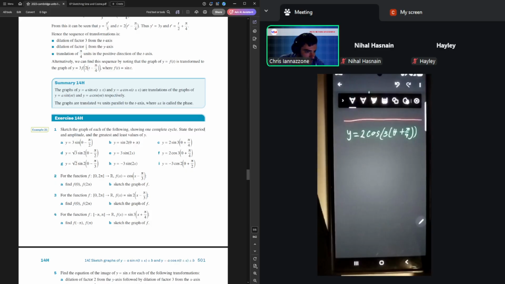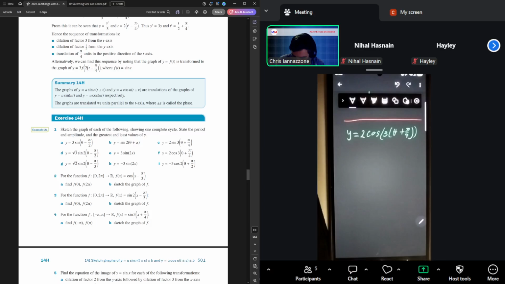So, my preferred way of doing this is kind of written in my notes, but not fully.